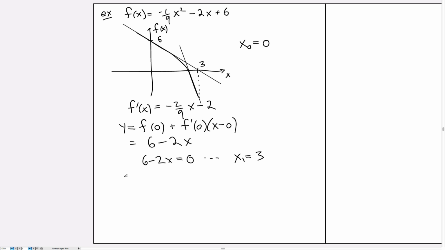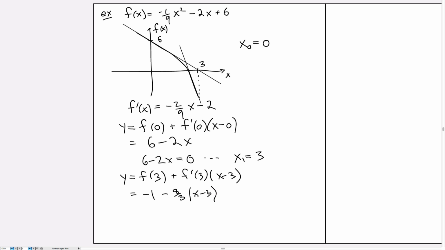So how do we do that? Now we need to estimate the tangent line near 3, which will be f of 3 plus f prime of 3 times x minus 3. For f of 3, you can work it out for yourself, but you should find that you get minus 1. What is f prime of 3? You should get minus 8 over 3 when you calculate it from this formula up here, and that has to be multiplied by x minus 3.